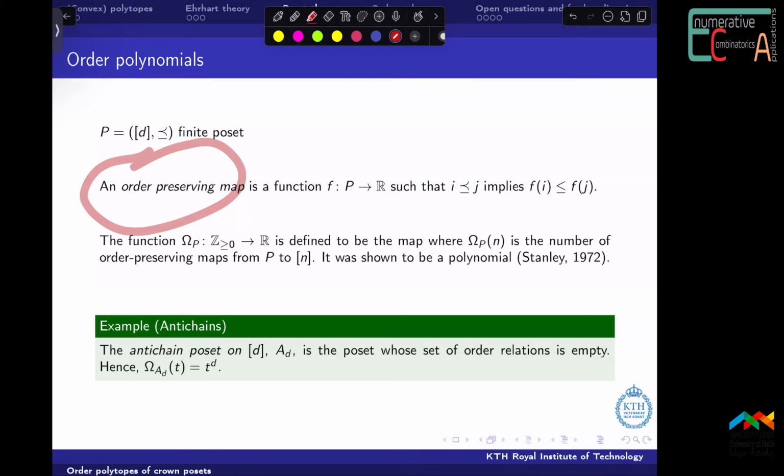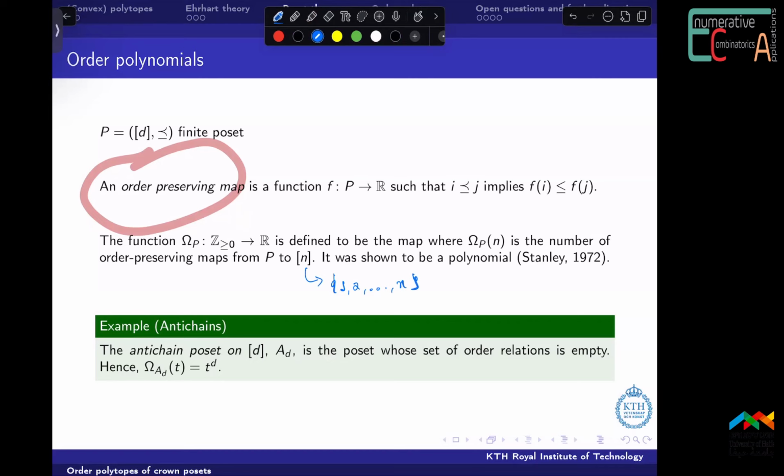The order polynomial, for each number n, counts the number of order-preserving maps from P to the set [n], that is, the set of integer numbers from 1 to n.